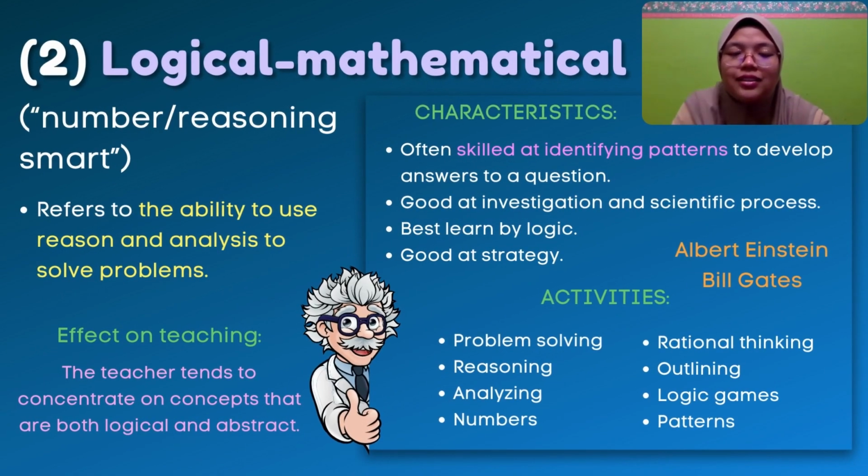Second is logical mathematical intelligence, or number and reasoning smart. This intelligence refers to the ability of the learner to use reason and analysis to solve problems. The characteristics of this learner: they are often skilled at identifying patterns to develop answers to a question, good at investigation and scientific process, best learn by logic, and good at strategy.